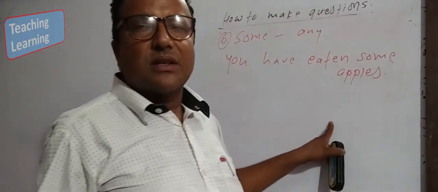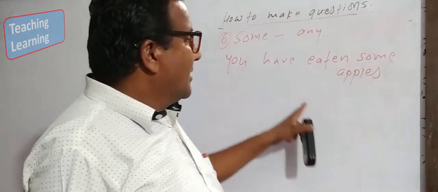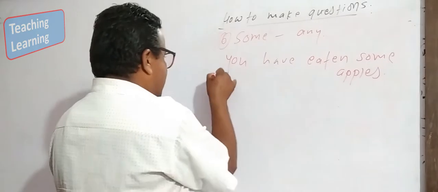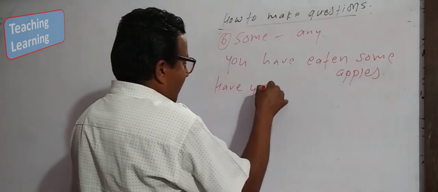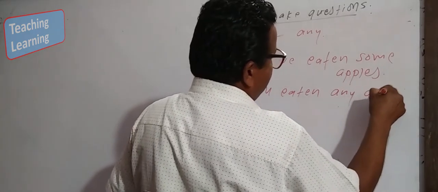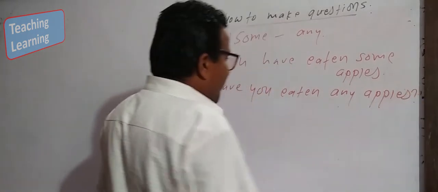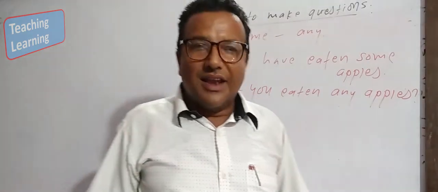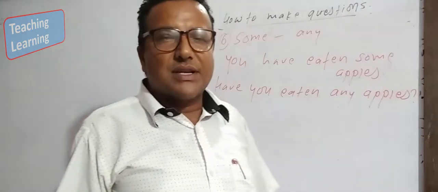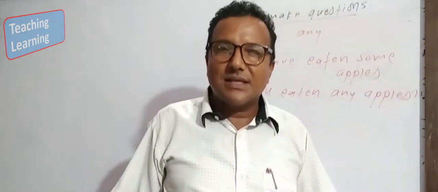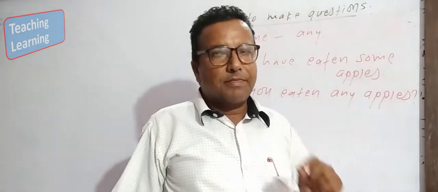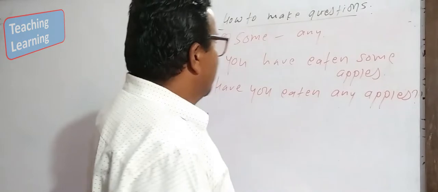You have eaten some apples. The other rule is the same. Have is used before the subject. Have you eaten any apples? In the positive sentence: yes, I have eaten some apples. In the negative answer: no, I have not eaten any apples. This is one other rule.